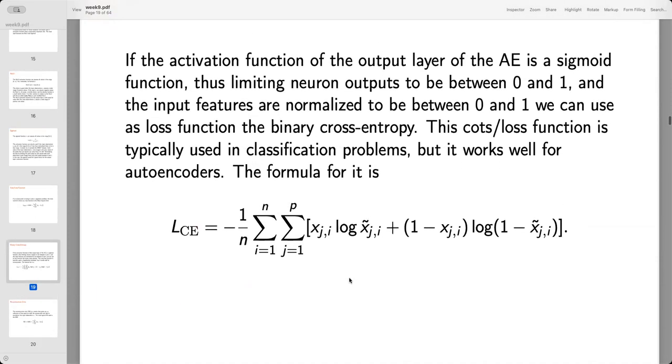So these are typical functions used in the setup of an autoencoder. But keep in mind that you can play around with different types of activation functions and different types of cost-loss functions.